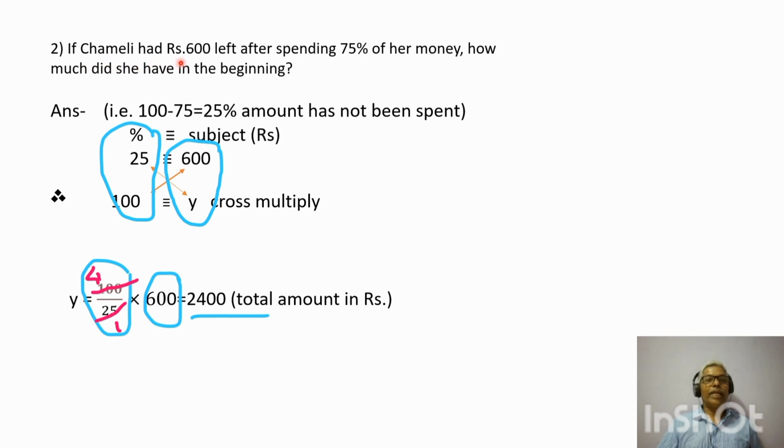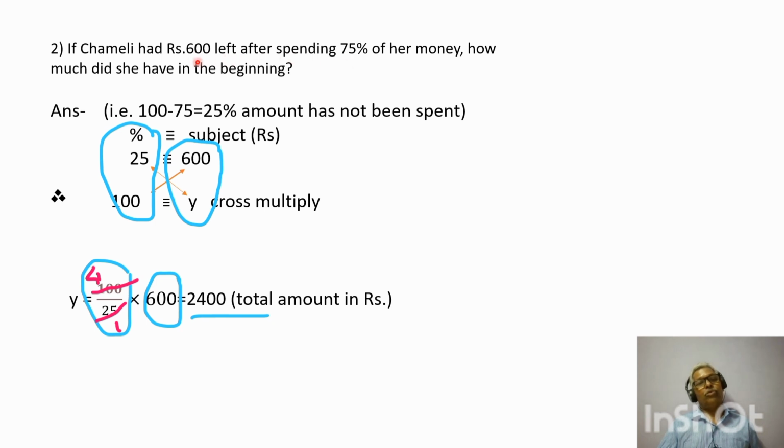Now Chameli had 600 rupees left. She had some rupees. Now she has only 600 rupees, but the spending was 75%. Okay, so what she has now is only 25%.